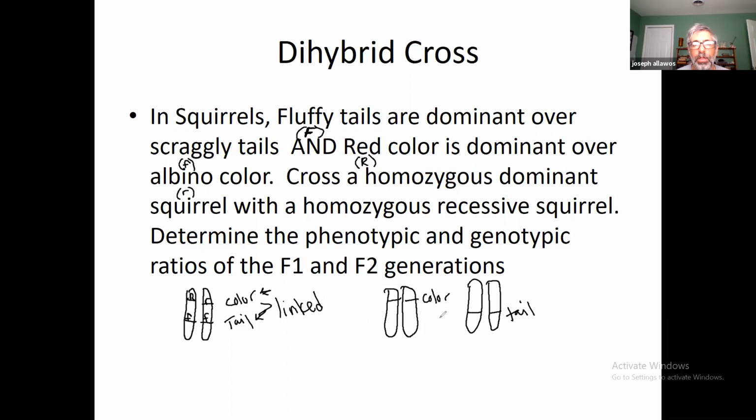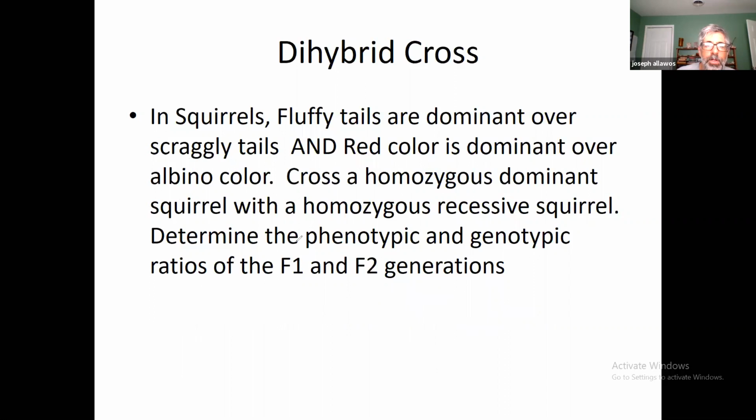Other than that, you're going to work the problem just the same way. Okay, so now let's see if we can, from these words, figure out the parents' genotypes that we're going to cross together. Just be aware that they're not linked. There's 2 chromosomes controlling color and 2 controlling the tail trait for each parent.